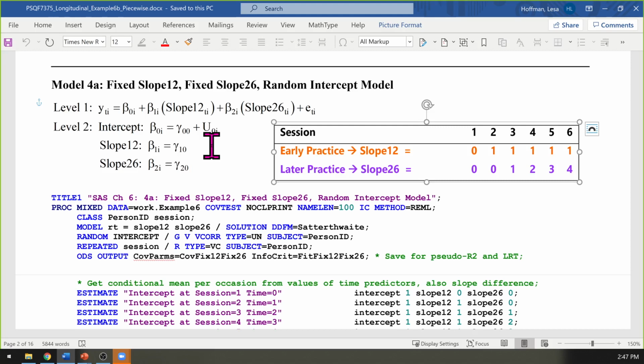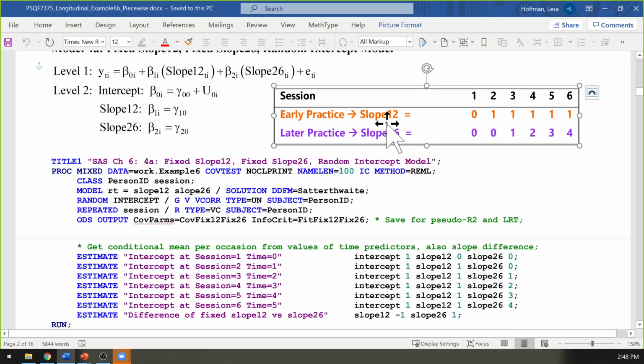I am predicting piecewise linear, but do people get their own? No, parallel change. This model has two fixed slopes in it that do not have random slopes attached to them. Parallel change. So people are allowed to start out at different places because they have a random intercept, but the differences between people are expected to hold in parallel all across the trajectory. That's a very strict assumption. That's a compound symmetry model. But it's a jumping off point. That way we can test whether or not the random slopes are necessary.